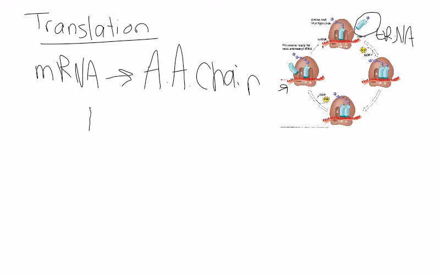What it actually looks like is it has this little bulb on this side, it comes down here to another little bulb, same thing on this end, and then up at the top, it's going to attach to an amino acid sequence.